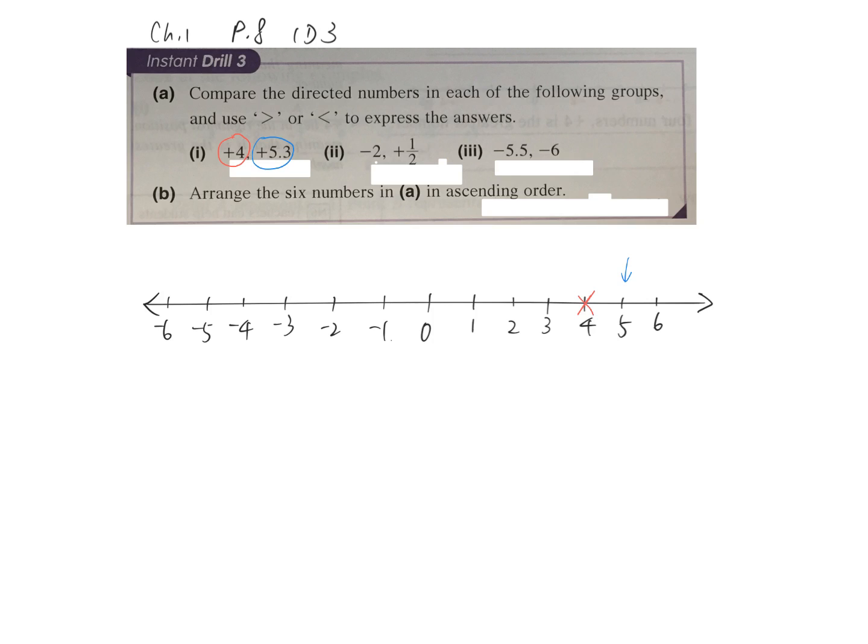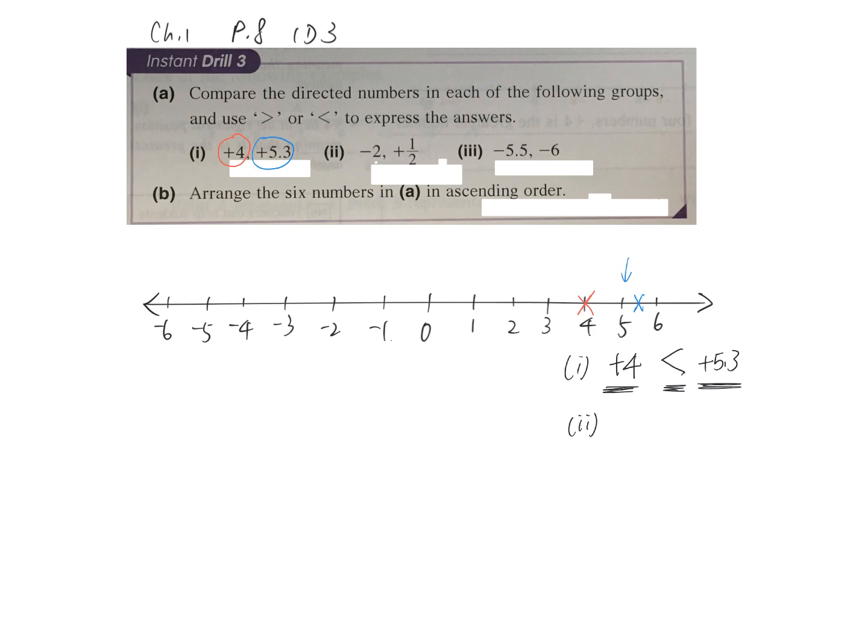And 5.3 should be a little bit greater than 5. So I put a cross somewhere in between 5 and 6. So you see 4 is on the left of positive 5.3. That's why the relationship between positive 4 and positive 5.3 should be with this symbol, that positive 4 is smaller than positive 5.3.